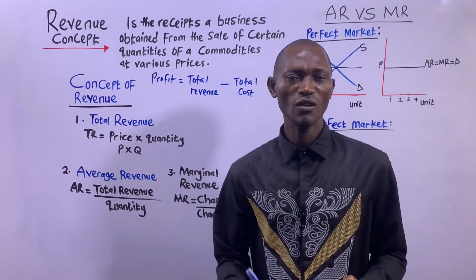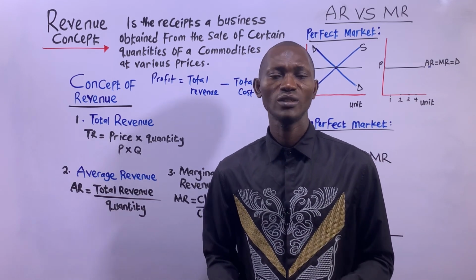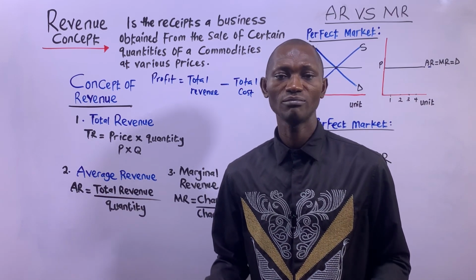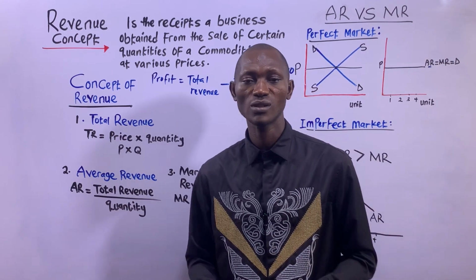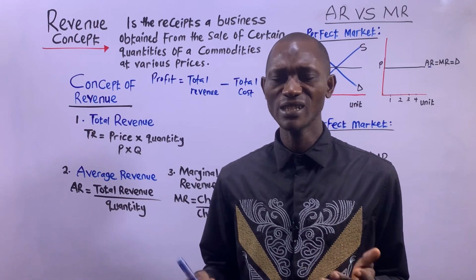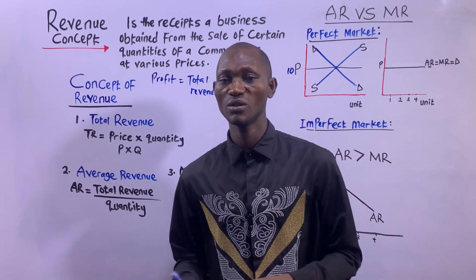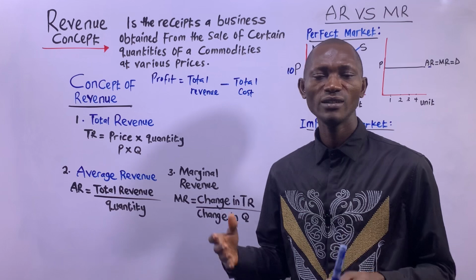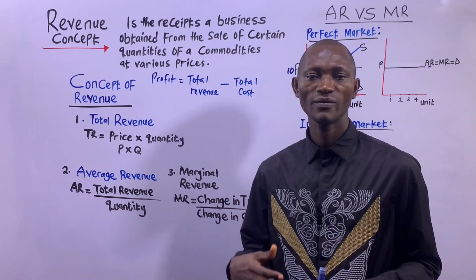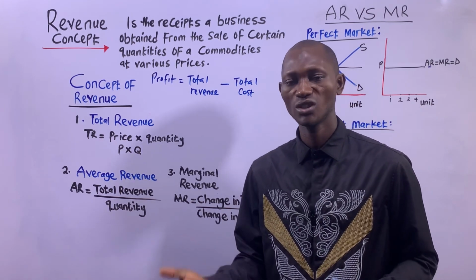Also a government could realize revenue from taxation, from sales of natural resources, from rendering expertise services to other countries of the world, and on and on. So those are ways individuals, firms, and governments could generate revenue.